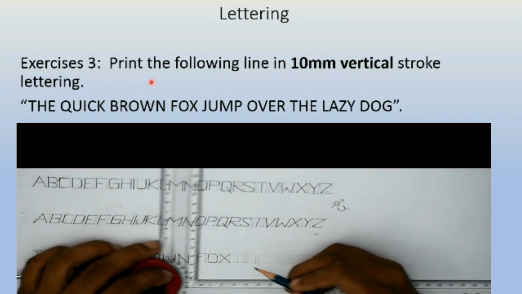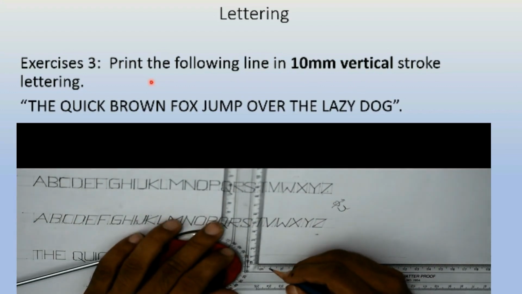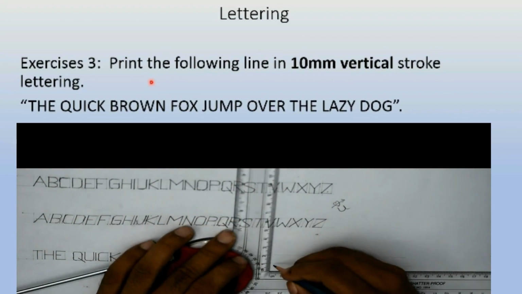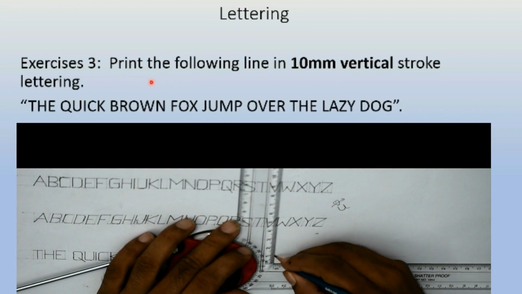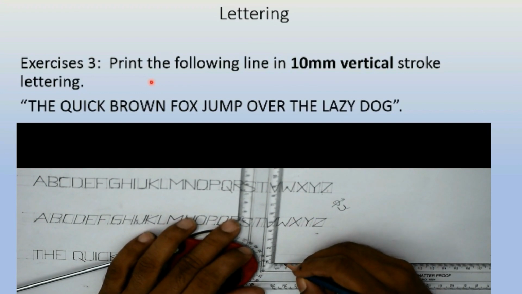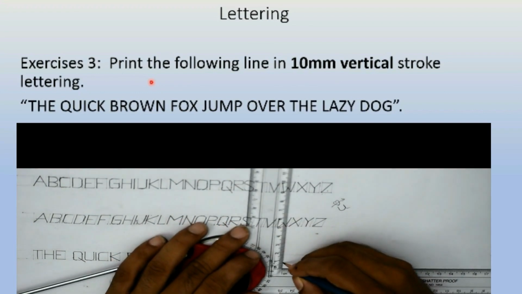So J, U, here M. So M is an exception case, so we will take 10 mm width. P, 7 mm.